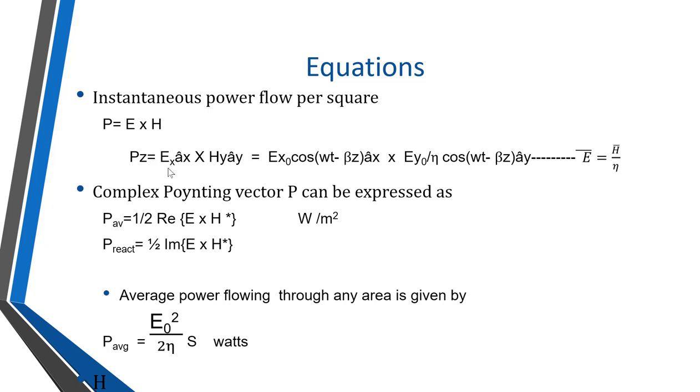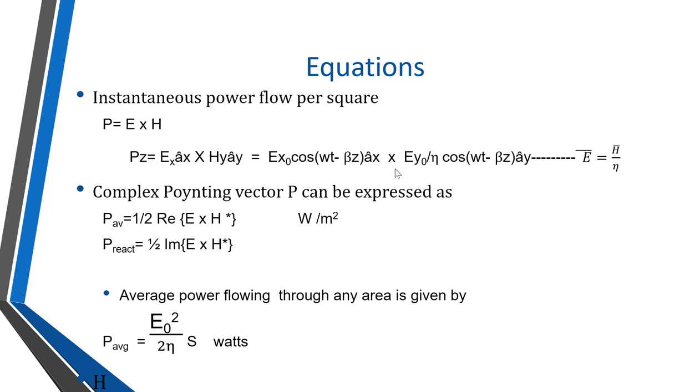Now let us express Ex ax cap in terms of an equation, because Ex is the electric field and can be expressed as Ex naught cos of (omega t minus beta z) into ax cap. This is the electric field vector. Omega is the angular frequency, beta is the phase constant, z is the direction of propagation, and Ex naught is the initial amplitude.